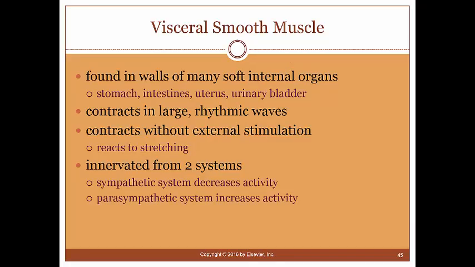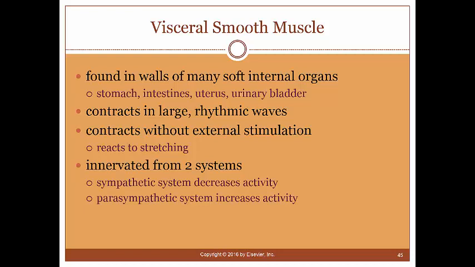So once again, visceral smooth muscle is going to be found in the walls of internal organs like the stomach and intestines with the digestive tract, the uterus with the reproductive tract, and the urinary bladder. Large sheets of cells, they contract in rhythmic ways, and they contract without any external stimuli. So there's no direct input from the nervous system to tell them when to contract.